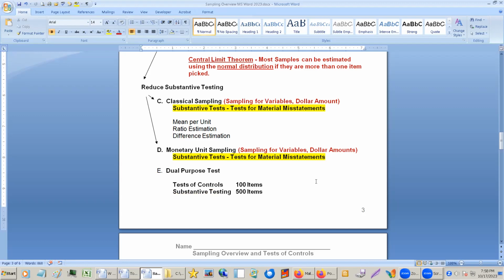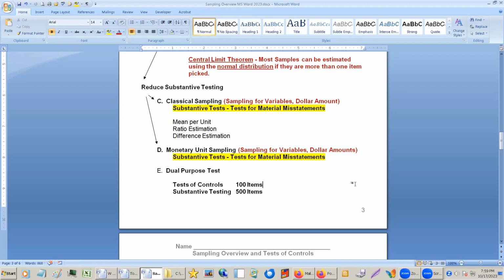It would be smart to use the 100 items you picked for test of controls. You've already picked them. All you have to do is look at the dollar amounts and use those in the substantive testing.